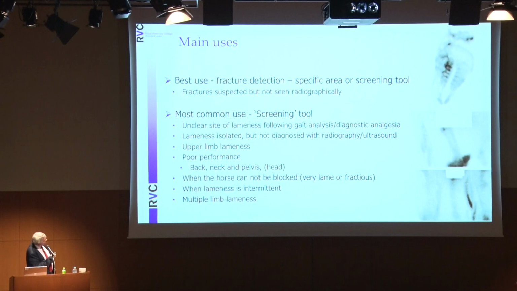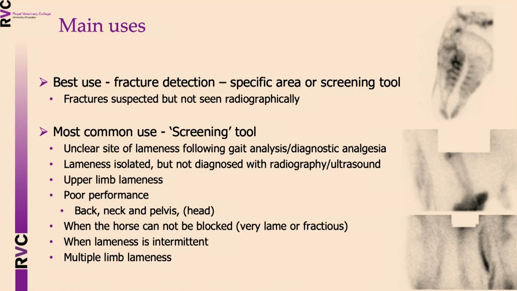So where, for instance, there is upper limb lameness, or in poor performance cases, which may have very little lameness evident.